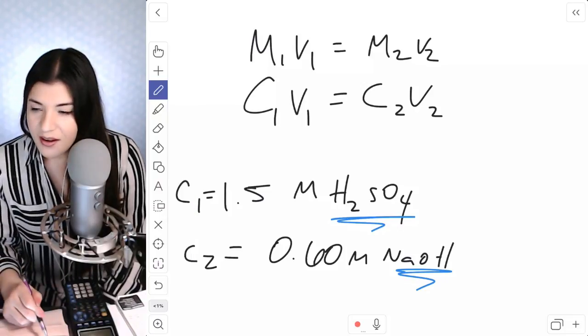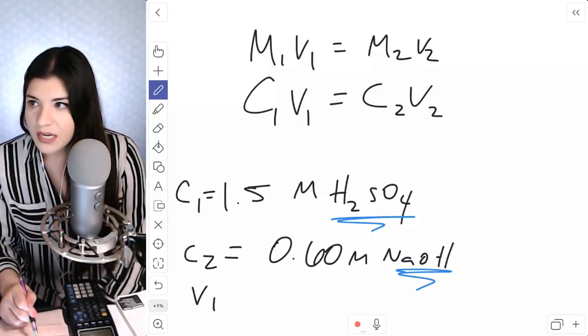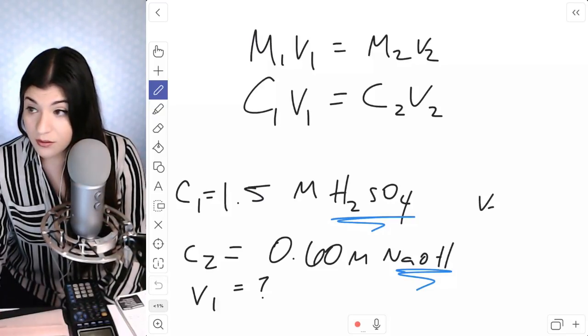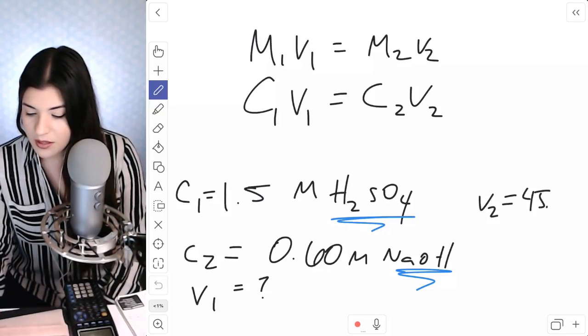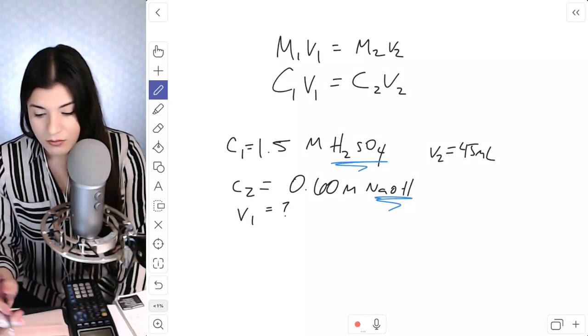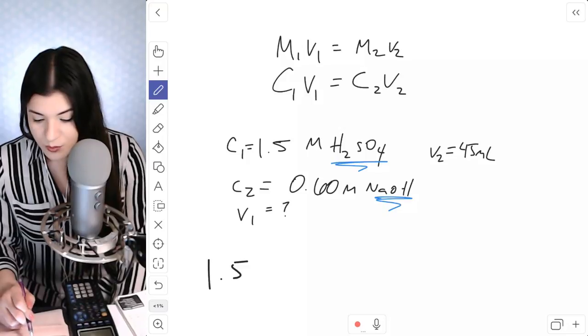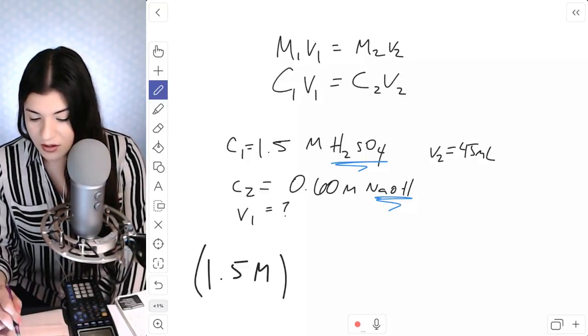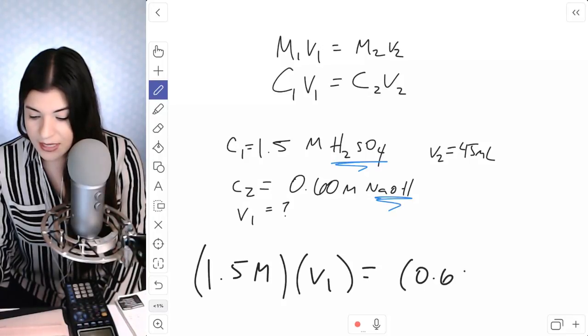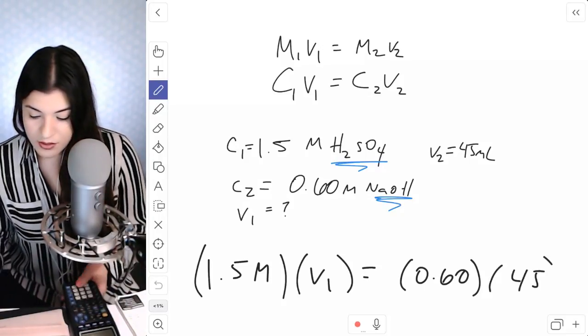But we'll keep going. V1 is what we're solving for, and V2 was the 45 milliliters. You would plug everything in. What I'm assuming he was doing was multiplying these two together. We don't know what V1 is, and then C2 was 0.60 times 45.